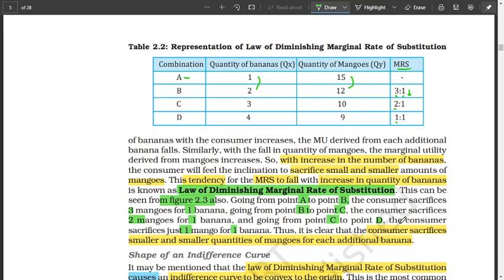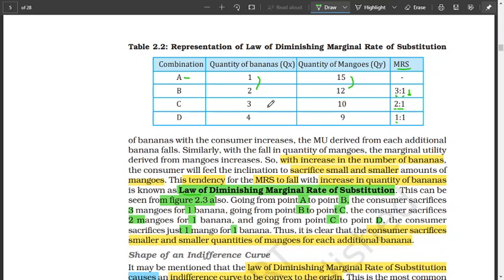So you can see from the table that if you want to increase bananas, you have to decrease mangoes, you have to sacrifice, you have to forgo. That substitution keeps on declining. That is what we call the law of diminishing marginal rate of substitution. From A to B, you sacrifice 3 for 1. From B to C, you have to sacrifice 2 for 1.